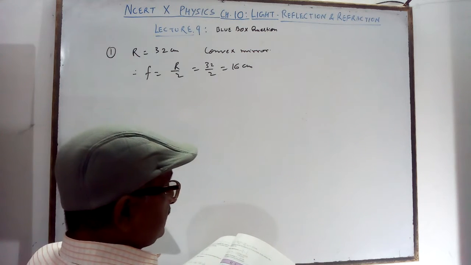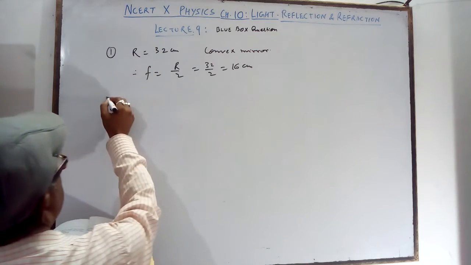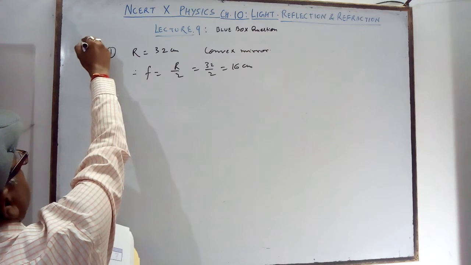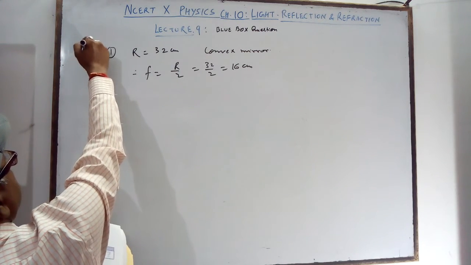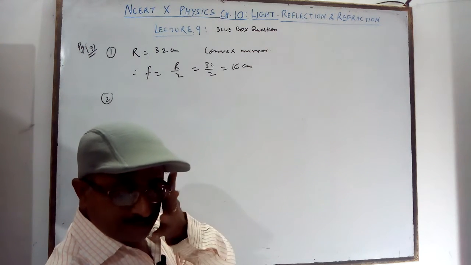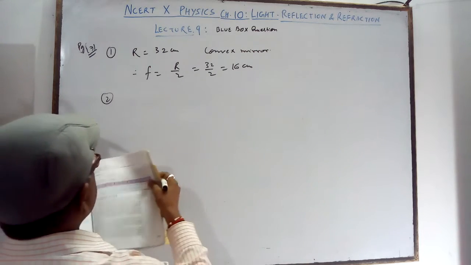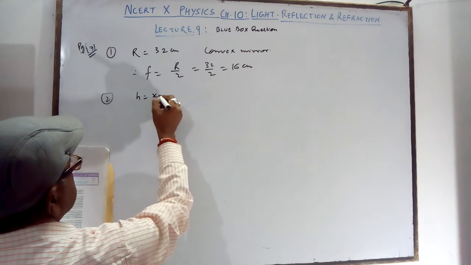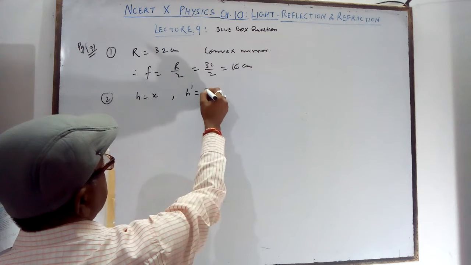A concave mirror produces 3 times magnified, enlarged image. Question number 2 of the same page number 171 of your book. 3 times magnified, enlarged image means if h is given as x, then h dash is 3x.